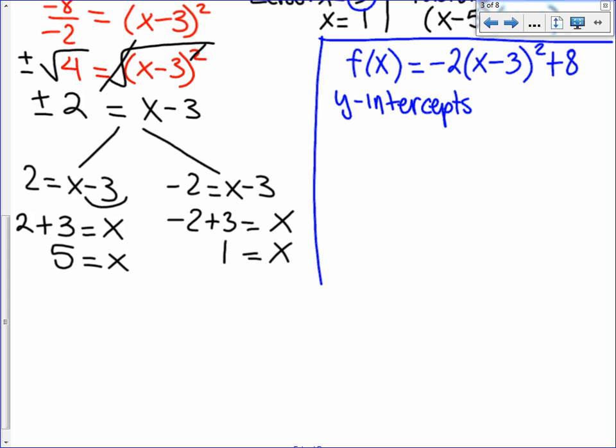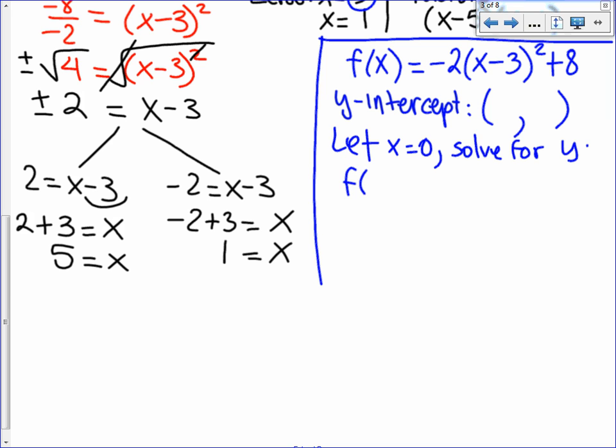Oops, intercept, right? Only one. All right, after we're done graphing this, we'll go take a break. So we say we're going to let x equal 0 and then solve for y. Or as the book states it, we're going to find f of 0.